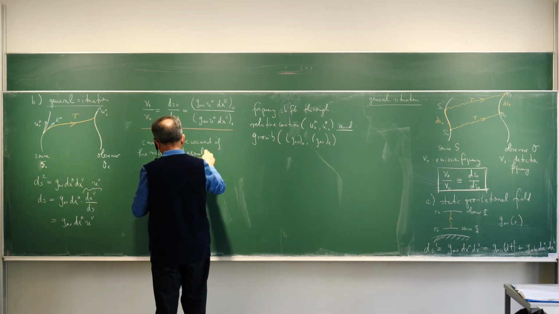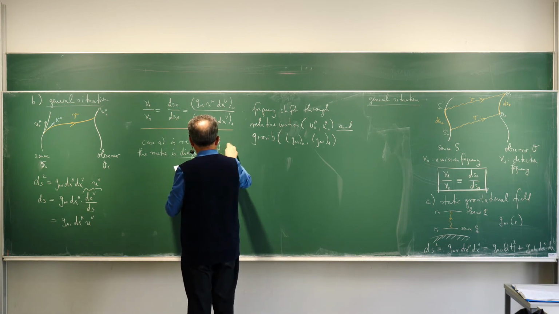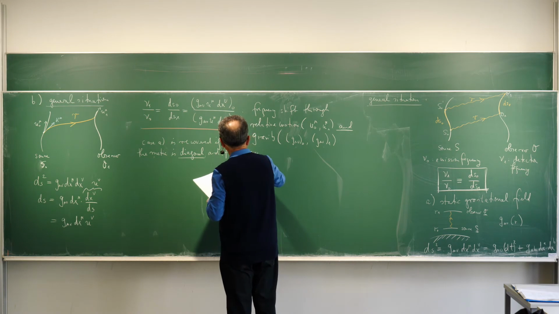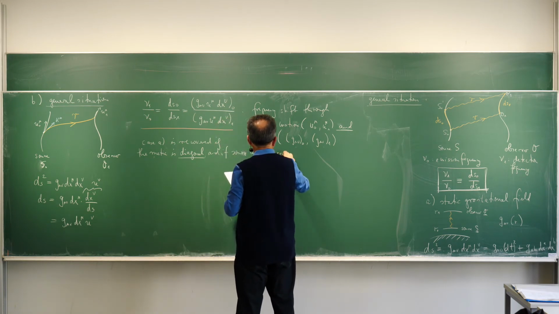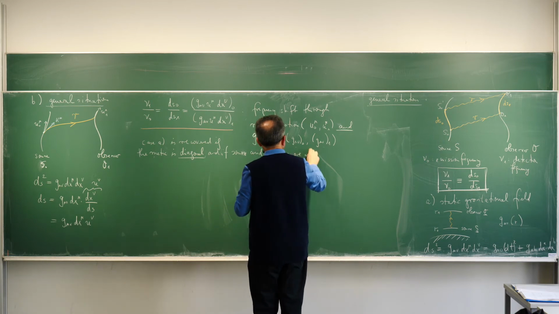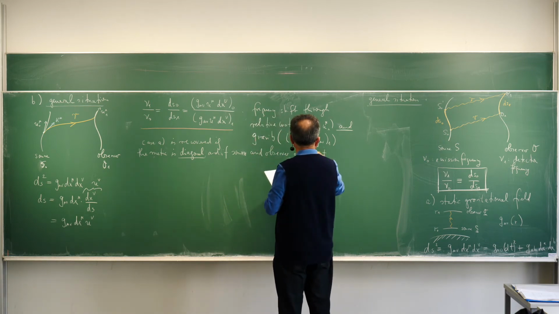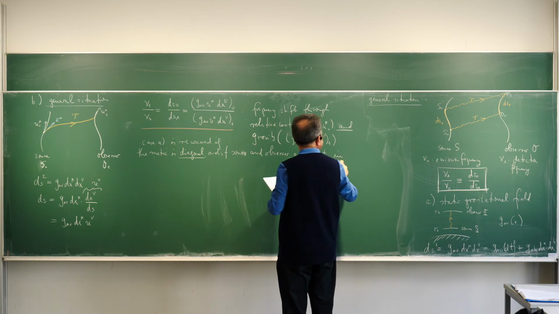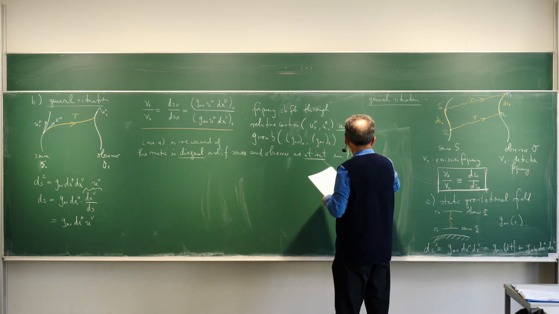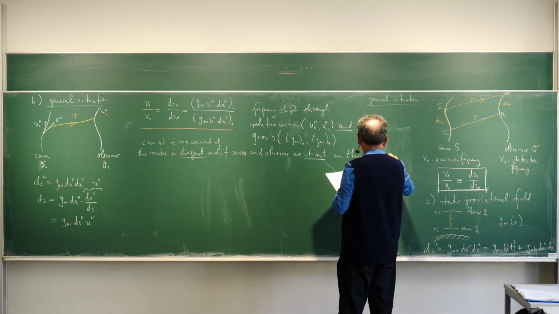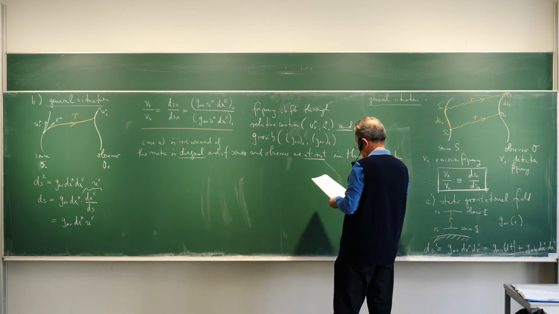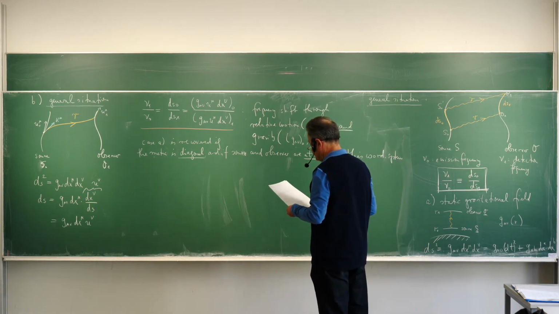That's important. And if source and observer are at rest in this coordinate system, a coordinate system in which the metric is diagonal.